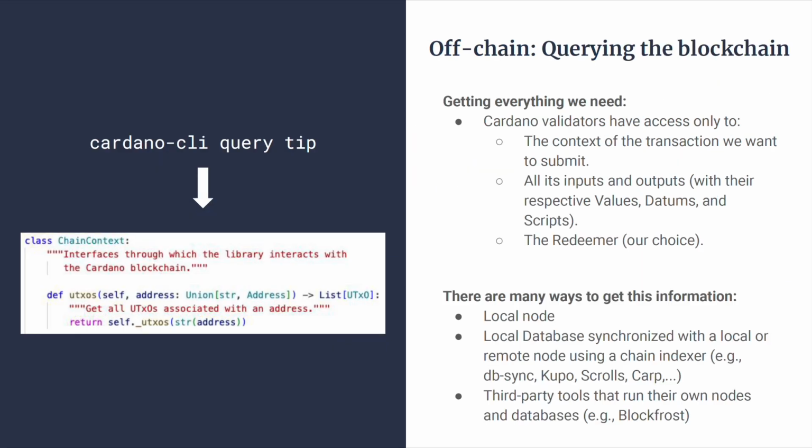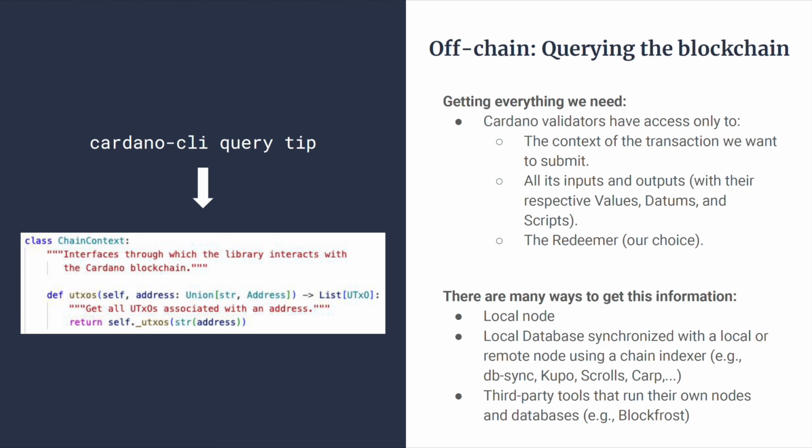Okay, so now that we have seen the on-chain part, next we want to look at the off-chain part and see roughly what are the steps that you would go through in doing this transaction construction in off-chain code. And the first step when we want to build a transaction is we need to know what will be the inputs and outputs and so on, because we will need to provide them as part of the transaction.